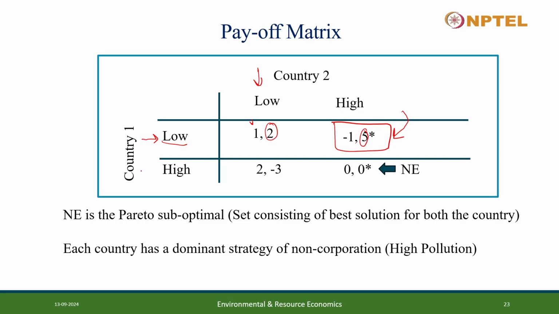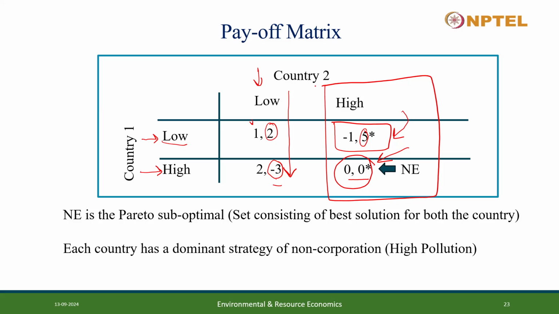Second one, in the case when country 1 pollutes high, for country 2 it is -3 if it pollutes low, or it is 0 if it pollutes high. So 0 is greater than -3, so country 2 will choose this one, right? So in both the cases, country 2 is choosing to pollute high.